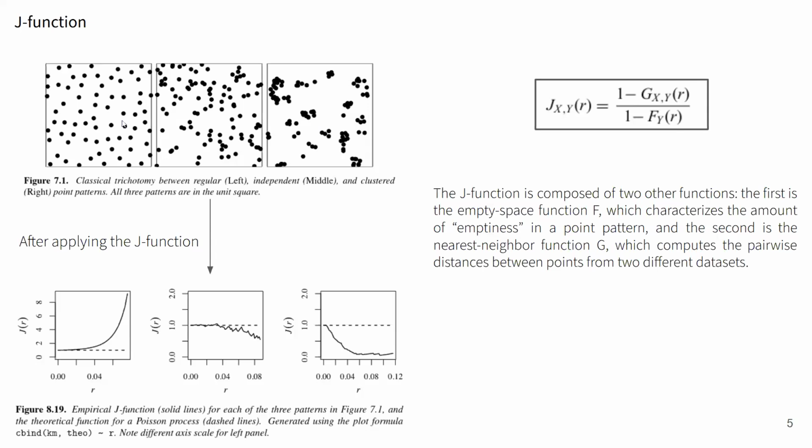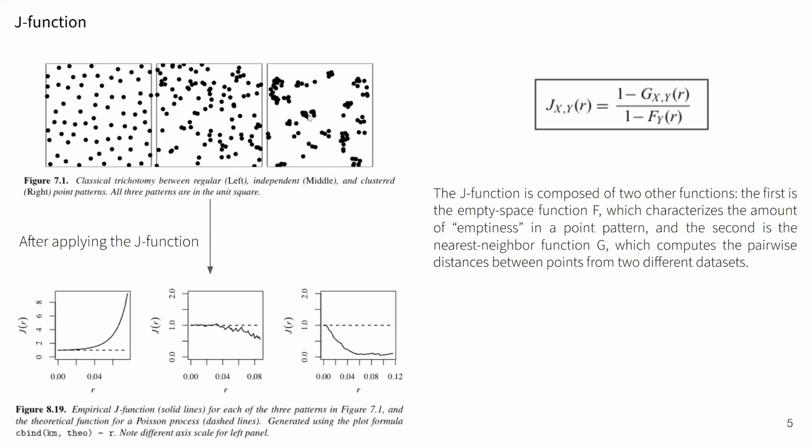If the points repel each other, the curve will be higher than a certain value. If it is exactly the same as the dashed line, it means that the pattern is Poissonian in space.